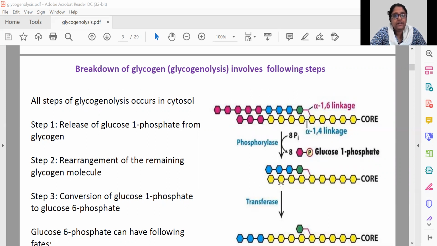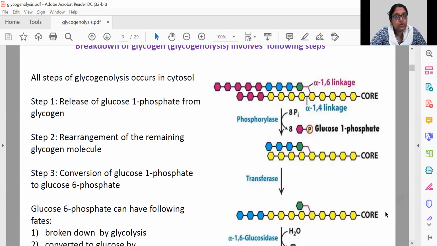Now the second step is, now this 1, 2, 3, 4, 5, and there is a 1, 2, 3, 4. So that much of glucose molecules are left in this linkage. And now what happens is, these 3 will be transferred by transferase to form a link over here, so that only the glucose molecule with the alpha 1,6 linkage will remain over here in this chain, and the rest will be transferred to the main chain, the core.